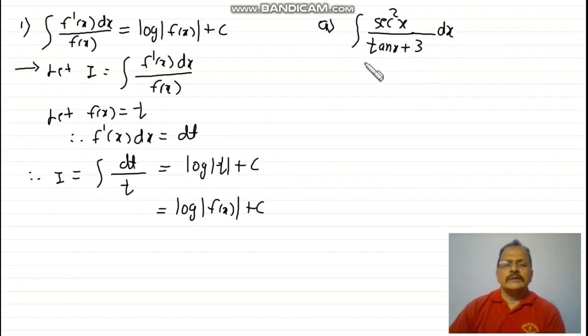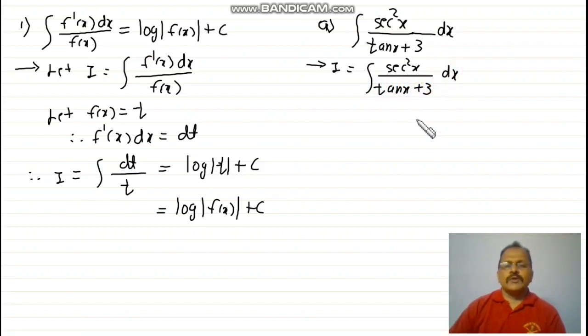Observe here, the derivative of tan x plus 3 is sec square x. Always begin the problem with I equal to integration sec square x upon tan x plus 3 dx.